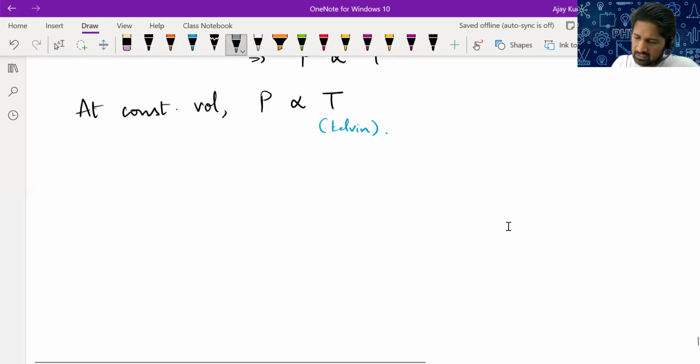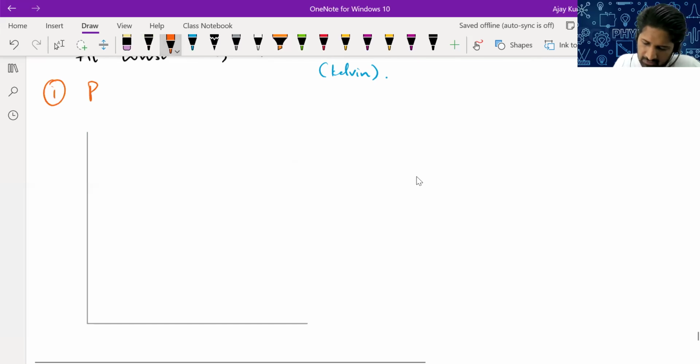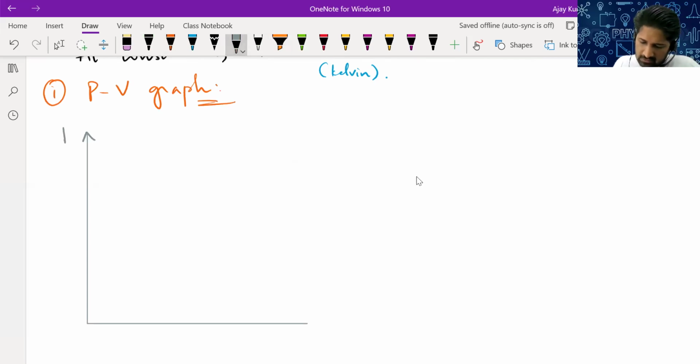Next thing we do is draw the graphs for such a process. Isochoric, volume is kept constant. So suppose you want to draw the PV graph. The first graph we always draw is the PV graph. Let's say you take pressure on the y-axis and volume on the x-axis. Volume is kept constant.